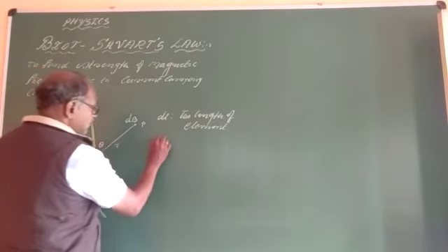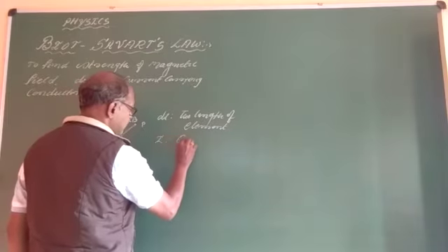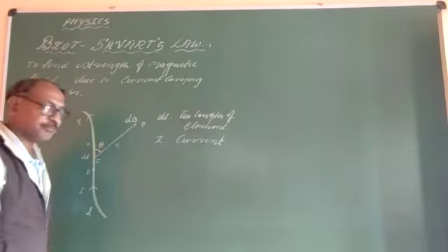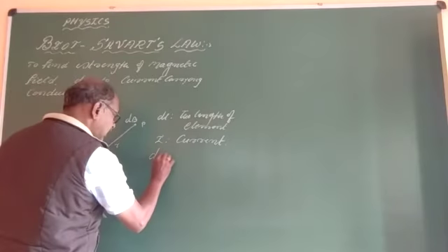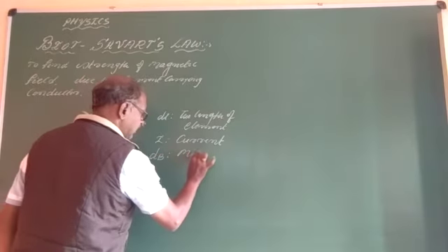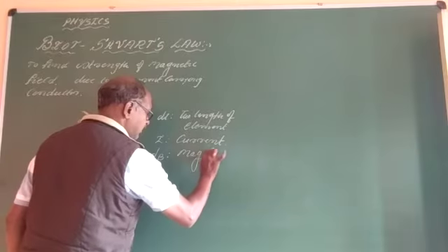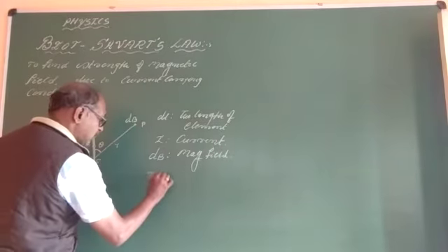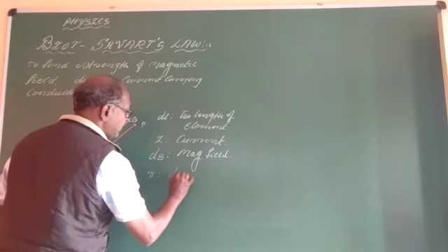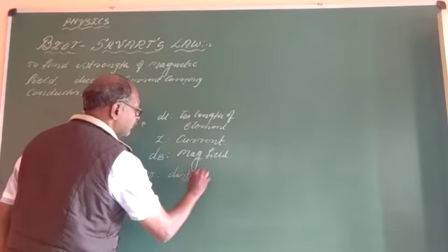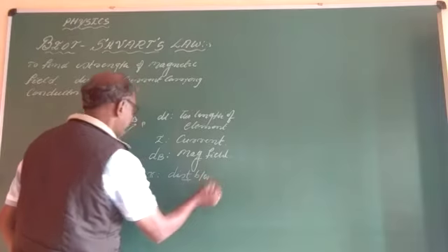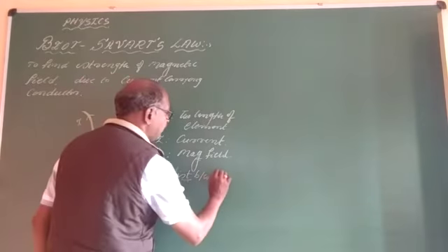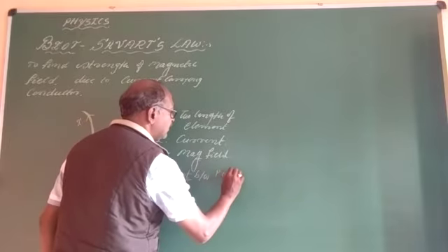Then I is the current passing through the conductor. dB is considered as the magnetic field. R is considered as the distance between P and C.